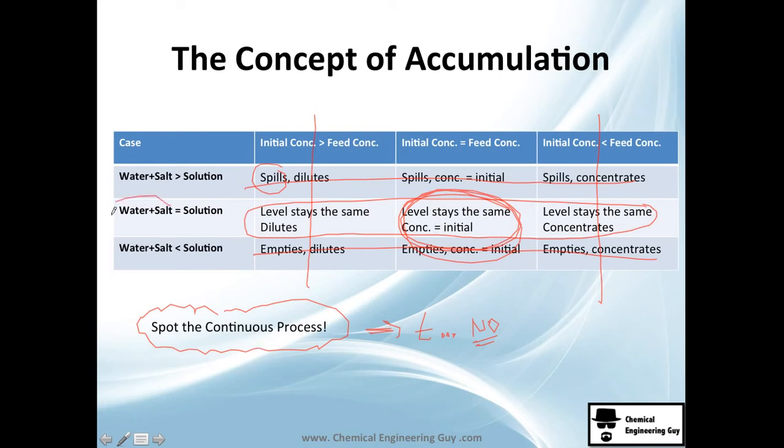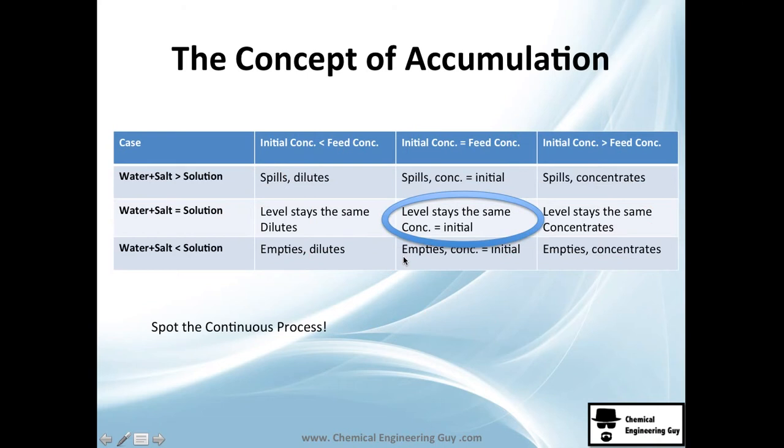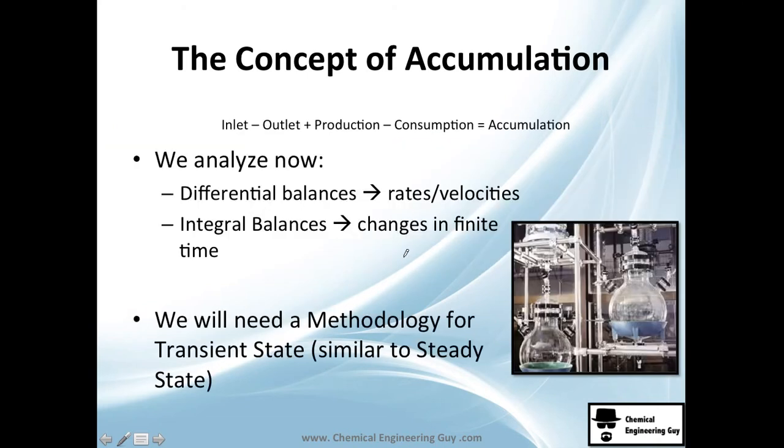That means water and salt equals solution, and the concentration equals the initial one with the feed one, which is also this case. So from 9 possible cases, we just arrived at one continuous process, which is very interesting. This one here. So anyways, let's continue the concept of accumulation.